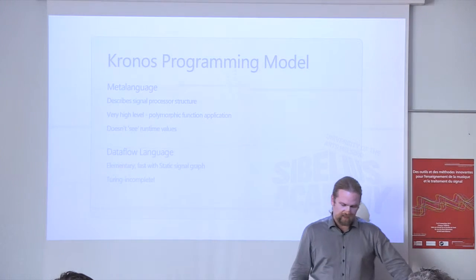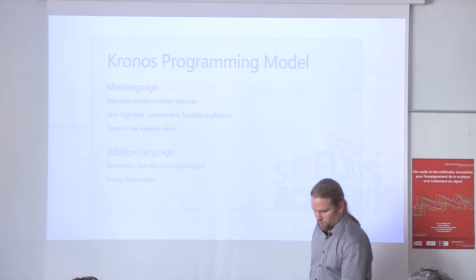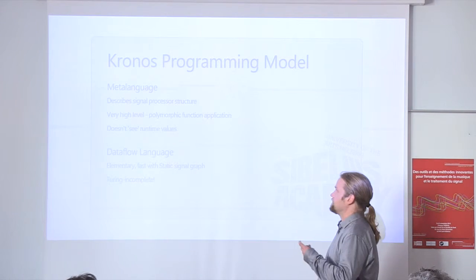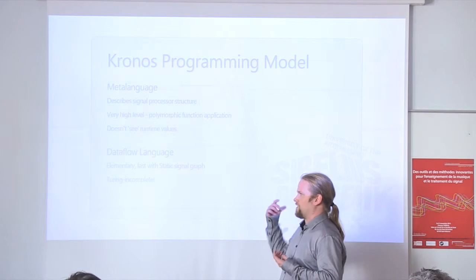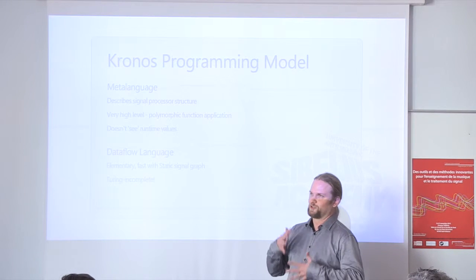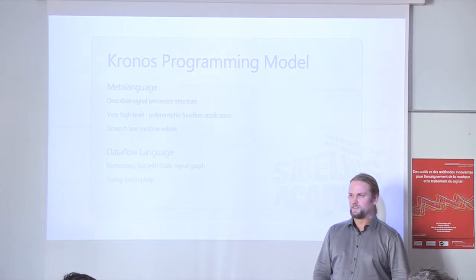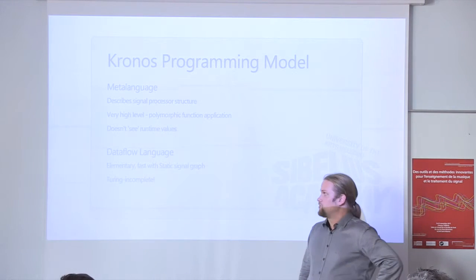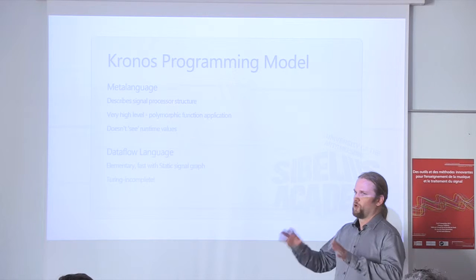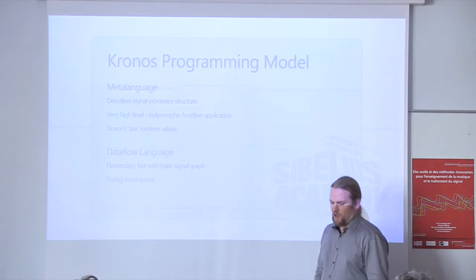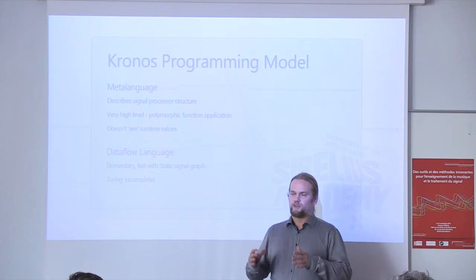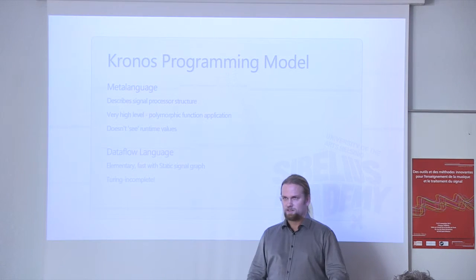So to accomplish this, well, many of you may already be thinking that if you talk about looking like a dynamic language and hard real-time performance, then these two concepts don't really match that easily. So the solution here is a kind of two-layer approach to creating signal processors. And in fact, this two-layer approach is already present in many musical programming environments.